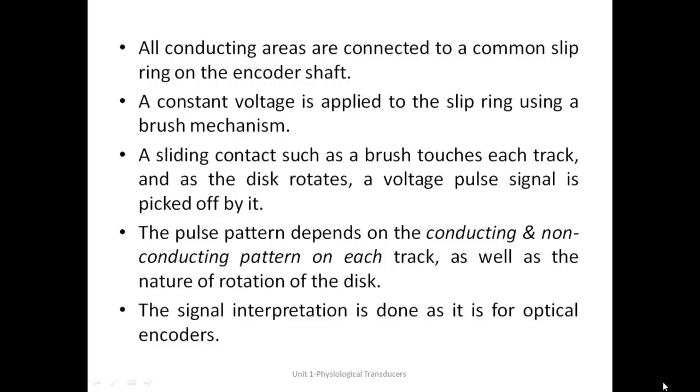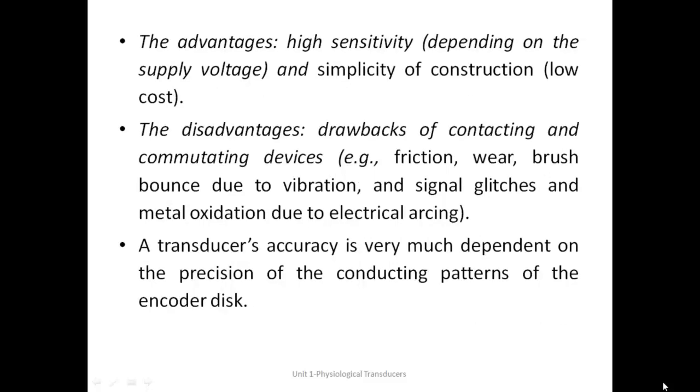The constant voltage is applied to the slip ring using a brush mechanism. The sliding contact, such as a brush, touches each track as the disc rotates. A voltage pulse signal is picked up from there. The pulse pattern depends on the conducting and non-conducting pattern of the track, as well as the nature of rotation of the disc. The signal representation is done as it is for the optical encoders.